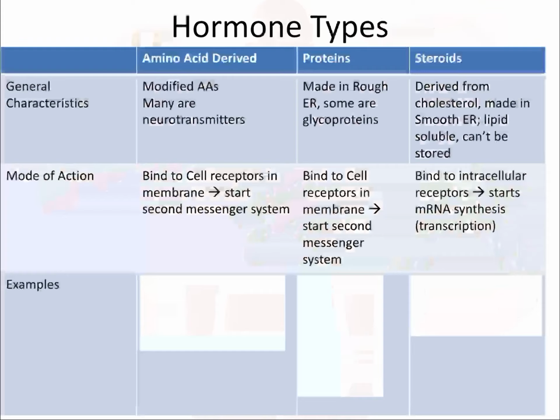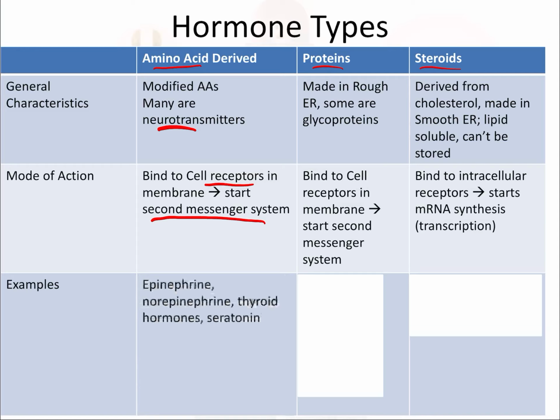Three main chemical structures of hormones: amino acid derived, protein, and steroid hormones. Amino acid derived, you can see, are modified amino acids. A lot of these are neurotransmitters as well. Their mode of action is they bind to cell receptors, and then they use that second messenger system that we've talked about before. Examples of these, you can see those there.